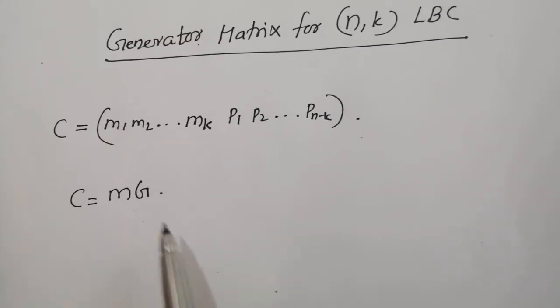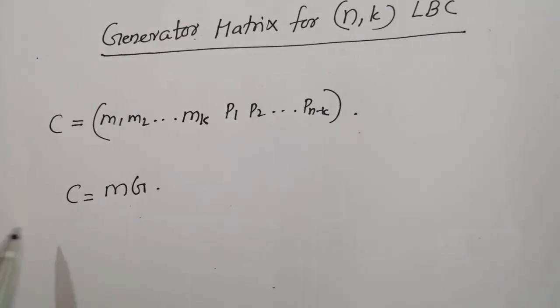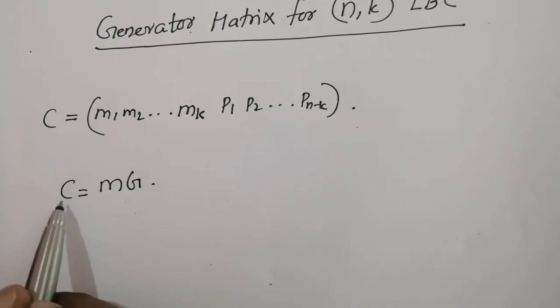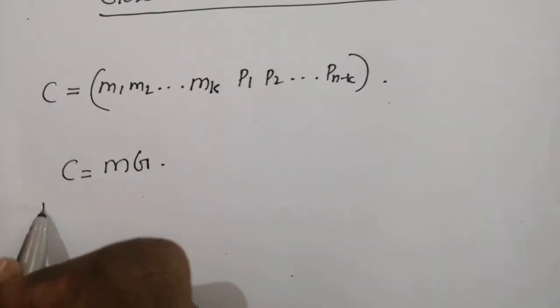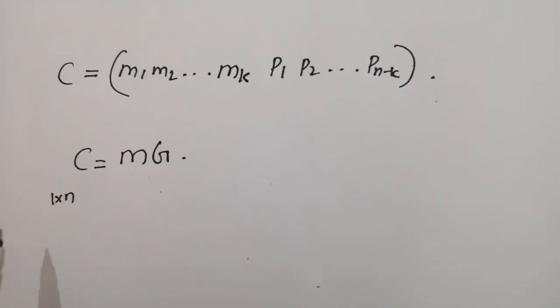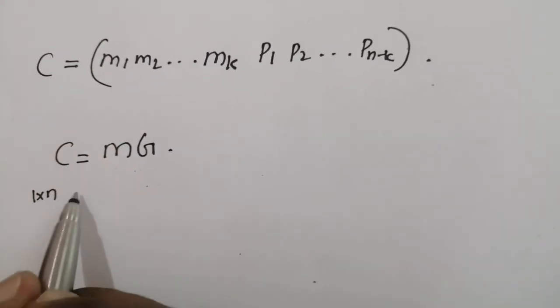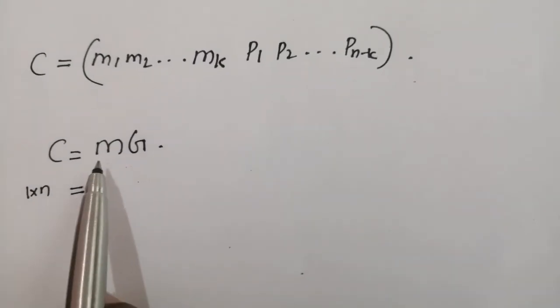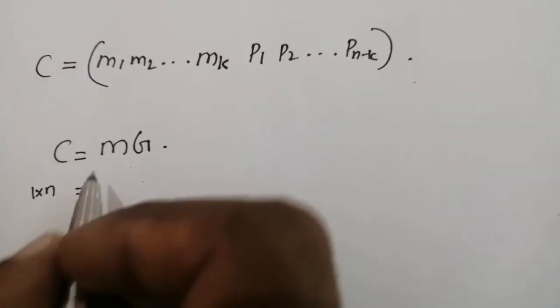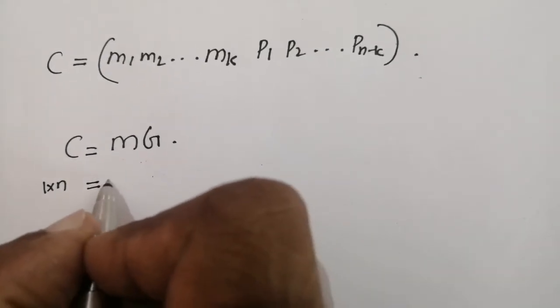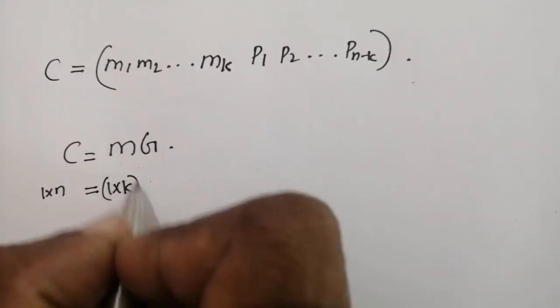Now we will look at the dimensions of each component. We know that C is the code vector and its dimension is 1 by n, that means 1 row and n columns. This is equal to m times G. What is the dimension of m? It is also a message vector, so it is 1 by k.